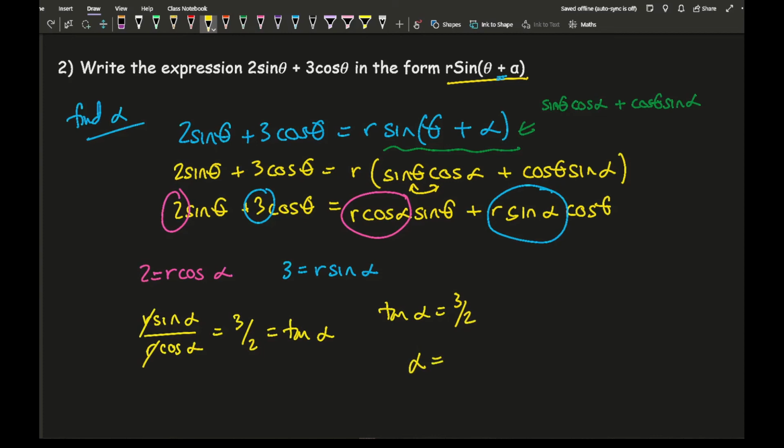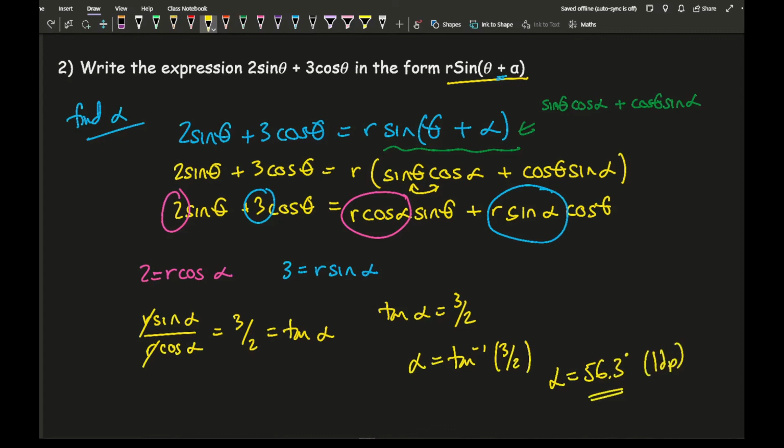Then alpha equals the inverse tan of 3 over 2. If I type that into my calculator, what do I get? Inverse tan of 3 over 2 equals 56.3 degrees, to 1 decimal place.